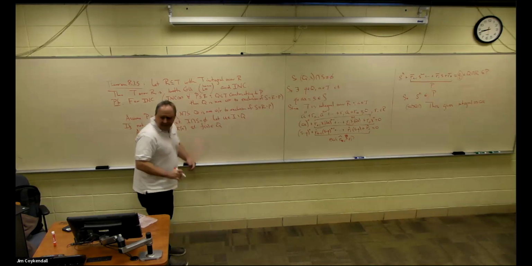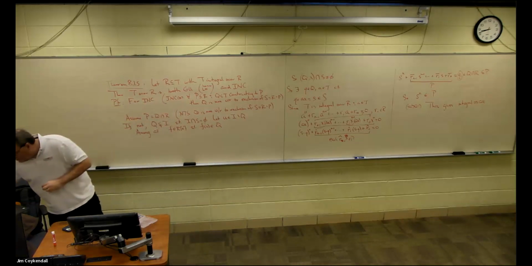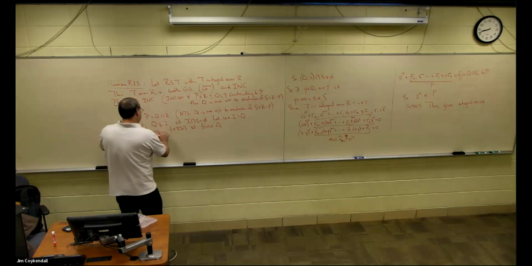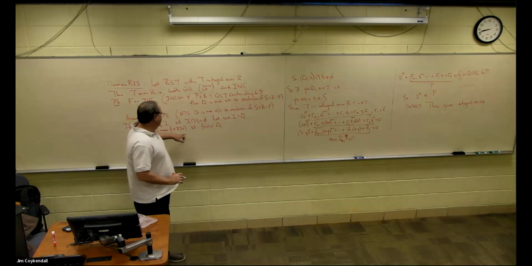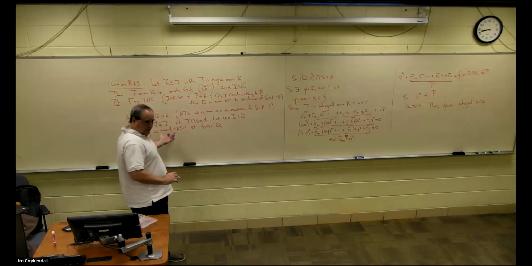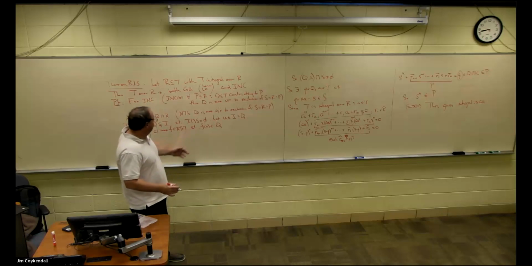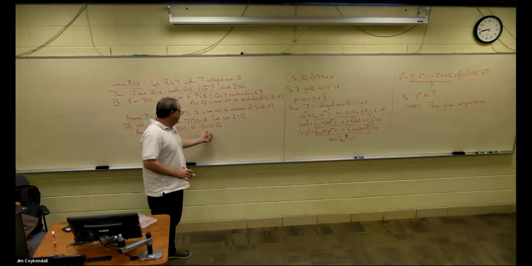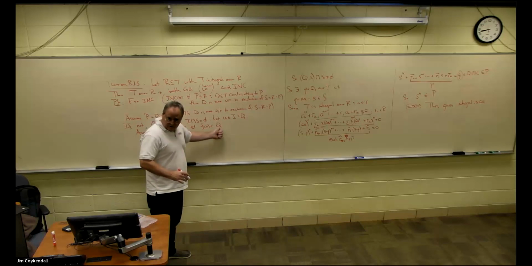I did say monic, didn't I? Yes. Among all monic polynomials such that F of U is, well, we know that there are monic polynomials such that F of U is equal to 0, right? That's what it means to be integral. I'm going to generalize this. A generalization of F of U is 0 is F of U is in the ideal Q. There must be at least one monic polynomial that satisfies this.